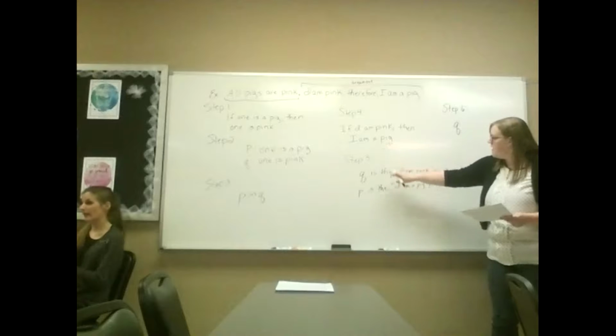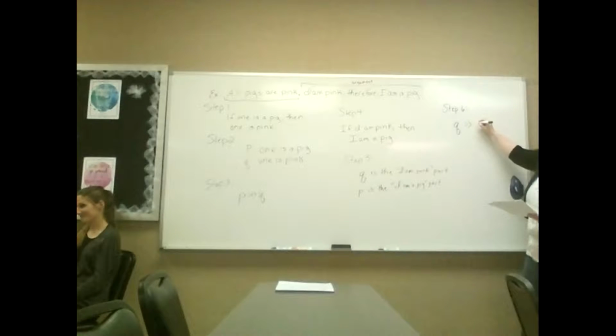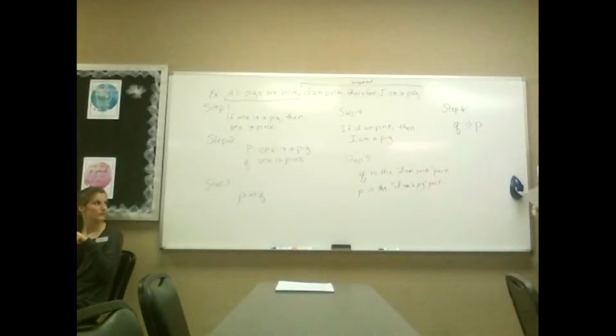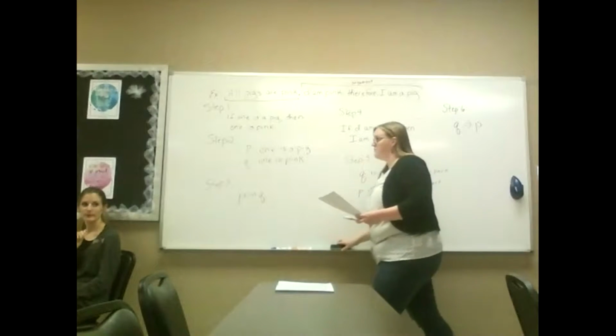Then I am a pig, and the I am a pig is the P part. So we have Q implies P. All right, so this was just the setup. Now we're actually getting to the part where we can create our truth table. All right, so step 7, and I'm going to have to erase this to have room.